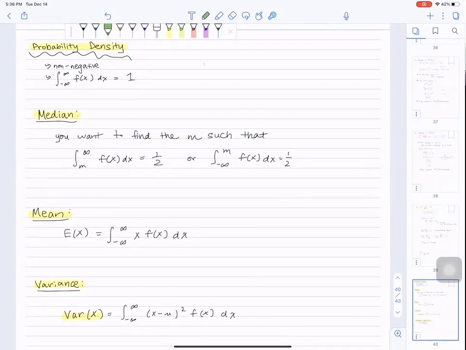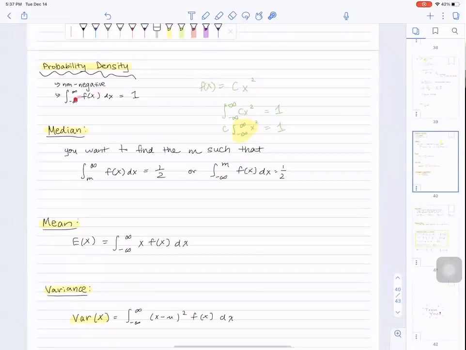So if it gives you f of x equals cx squared, or something more complicated, and asks you to find c, you do the integral of cx squared and set it equal to 1. You find what this integral is, divide, and you'll get c equals 1 over something, and simplify with some algebra to find what c equals.